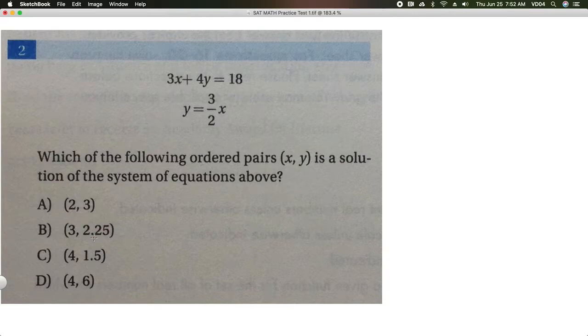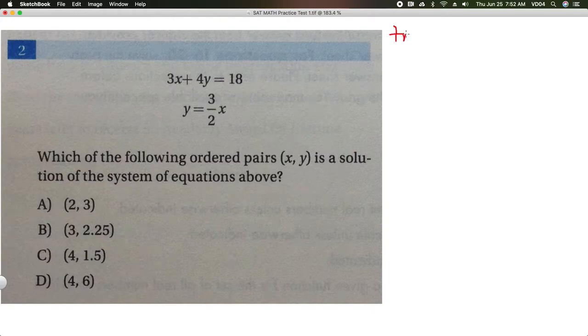We are not going to try 2.25, which is a more complex number, and not 4 and 6 either, because those are larger numbers compared to 2 and 3. Most of the time, the correct answers are those small and simple numbers. So let's try first the 2 and 3 values of x and y.